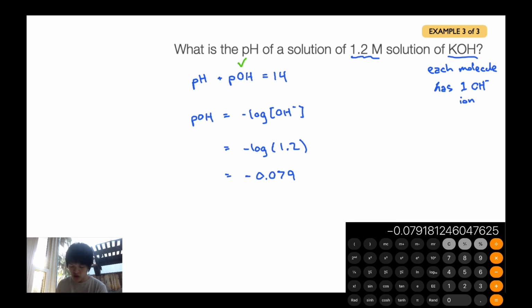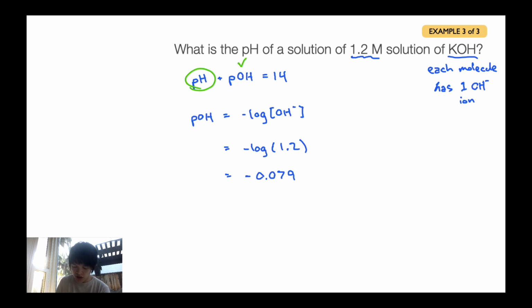To get pH, we want to use pH plus pOH equals 14. So pH plus pOH. Now pOH is a negative number, so minus 0.079 is equal to 14. Right. Now to get pH by itself, we get rid of the minus 0.079.